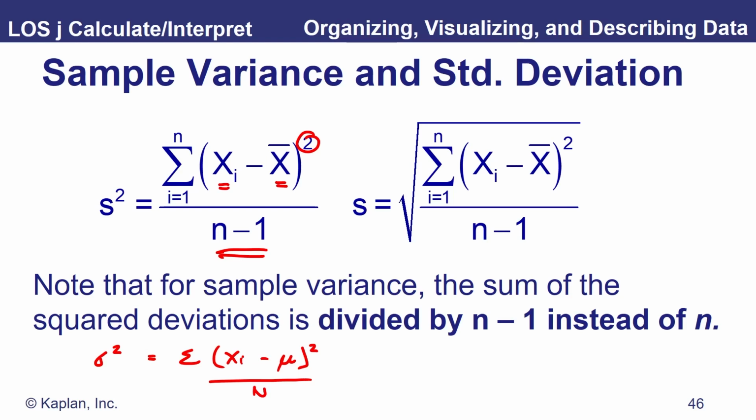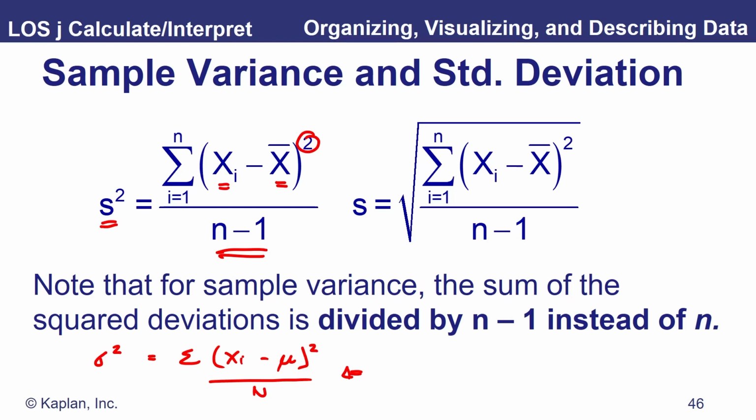Now what it isn't is the variance of a sample of data. If we were just simply trying to work out the variance of a sample of data, we would use this calculation here. So what the heck is sample variance then, if it's not the variance of a sample of data? Well, what it is, is the estimate of the population variance coming from a sample of data. Now, what Bessel said was, if you were to just take a sample of data and take its variance and say, oh, that's equal to the population variance, you would be essentially underestimating the true population variance.